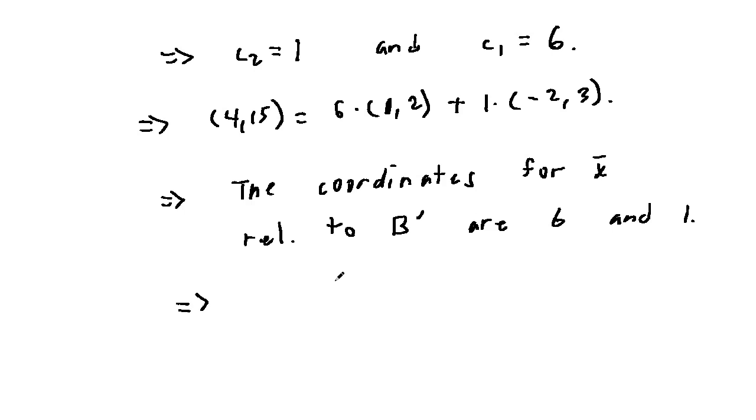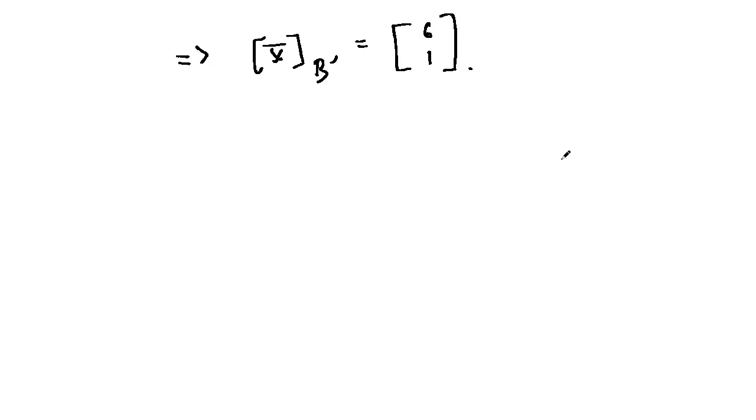So the coordinate matrix for x relative to B prime is given by 6, 1. In our example, we changed the basis from B to B prime for the vector x equals 4, 15. We want to be able to do this for any vector in R2.